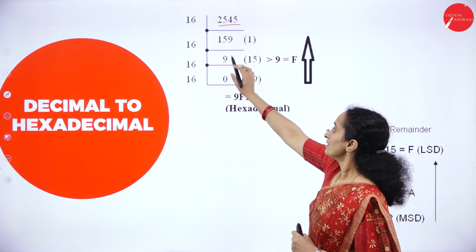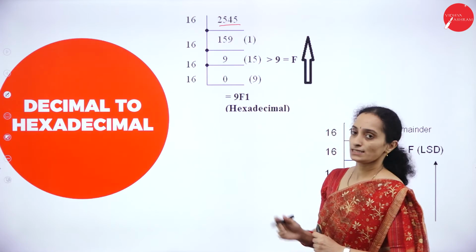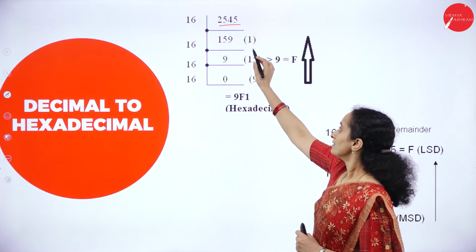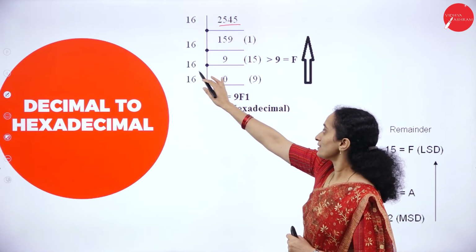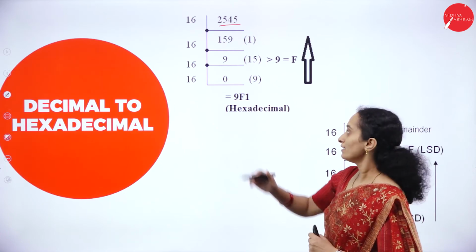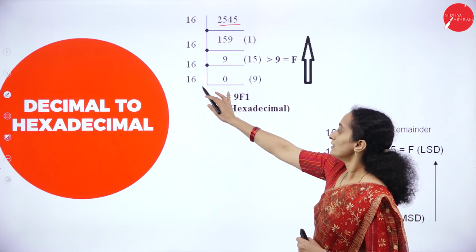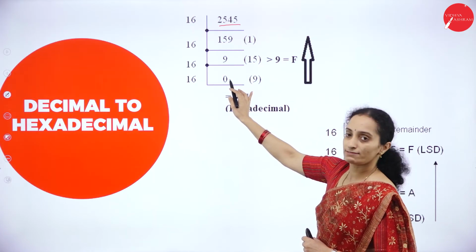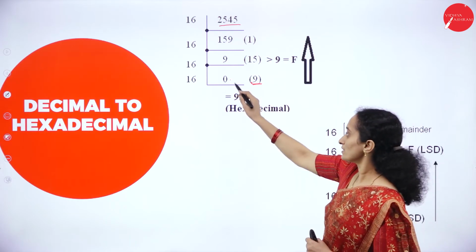You will get 159 to the base 16, with a remainder of 1. Next, 159 divided by 16, we will get the remainder 15. And 9, if divided by 16, gives the remainder 9, quotient 0.